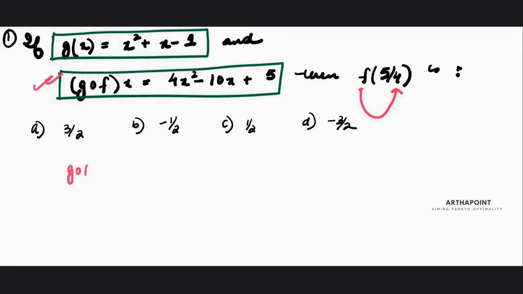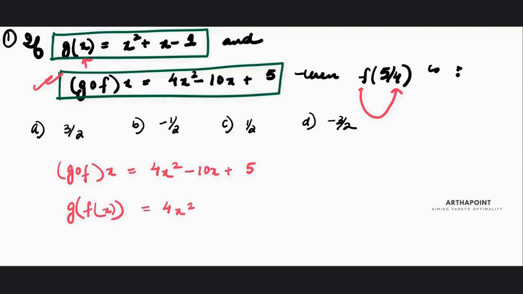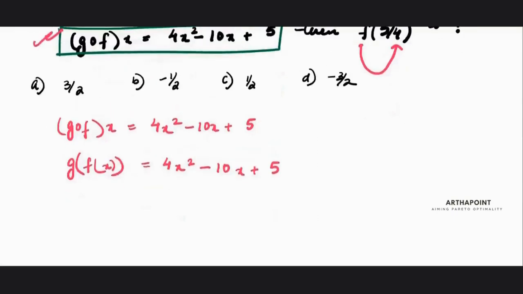So g of f of x is given as 4x squared minus 10x plus 5. This is nothing but g of f of x. You take f of x and you put it in the g function. So imagine what we are doing. We are saying you had a function f of x.